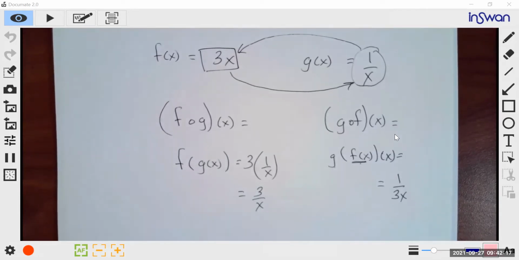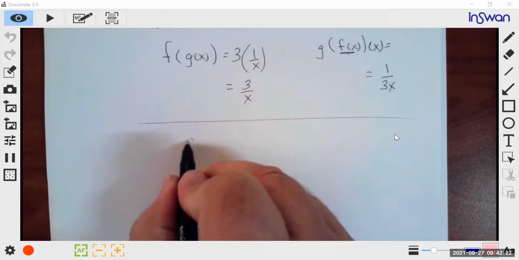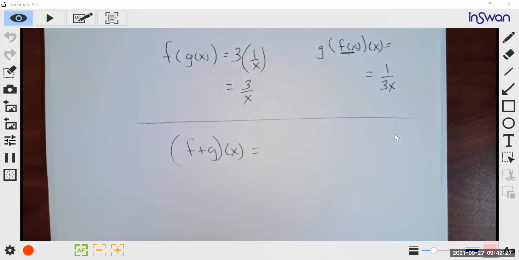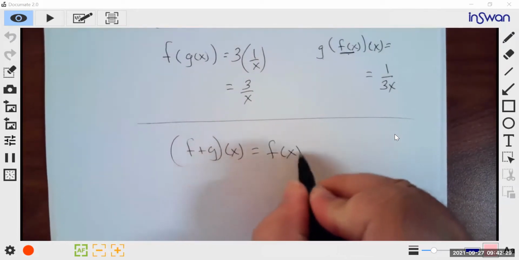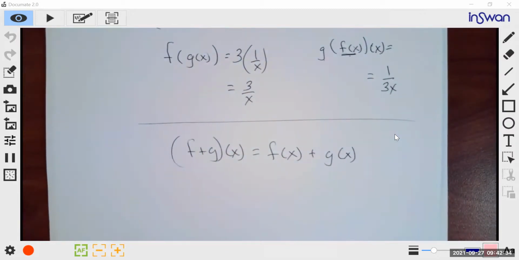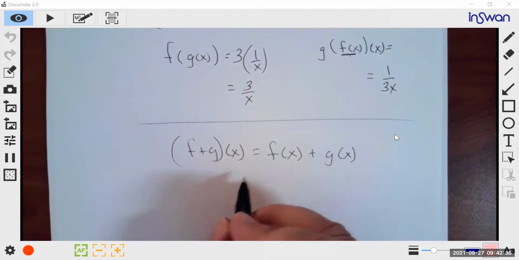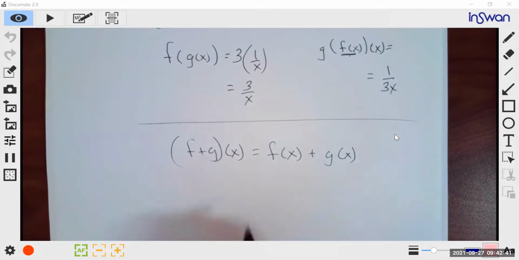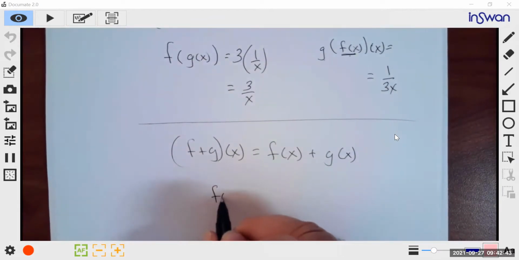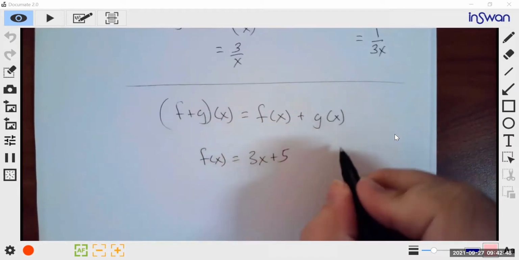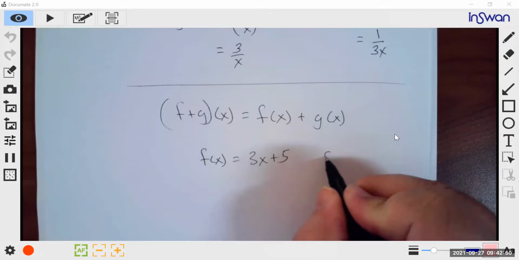And remember, we did the algebra of functions. We did f plus g of x. We could have spread that out like this: f of x plus g of x. We could do the same thing with composite functions. F of x equals 3x plus 5.